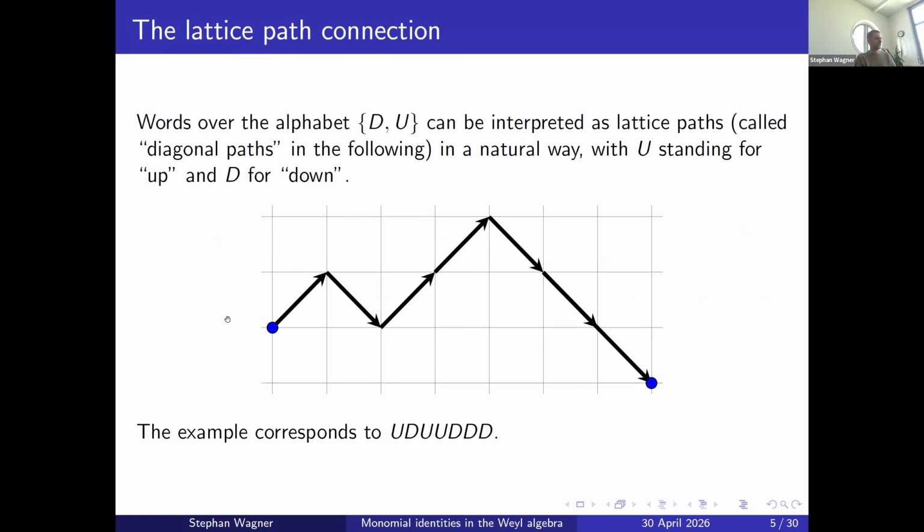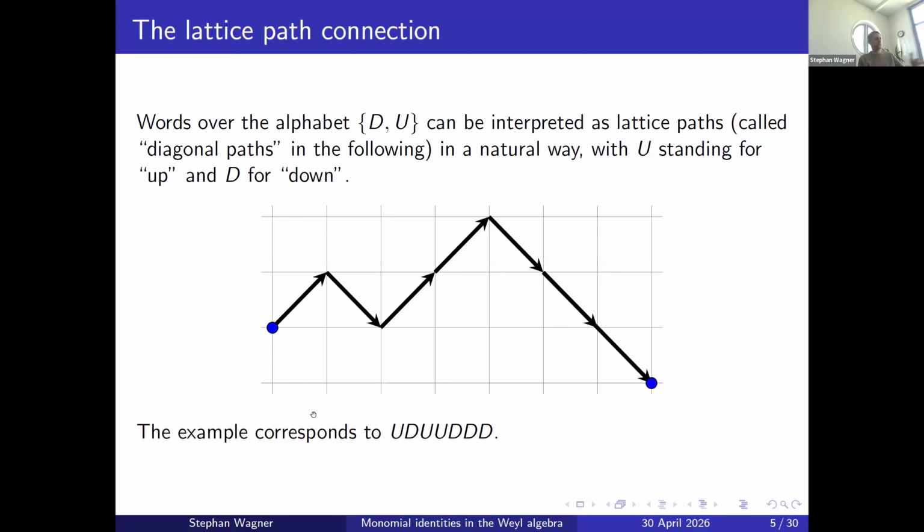There is a nice connection to lattice paths, and the use of the two letters D and U is somewhat suggestive as well. I can interpret words with the letters D and U as lattice paths, and I will call them diagonal paths in the following, because everything is represented by diagonals. U stands for up, like here, and D stands for down, like this one.